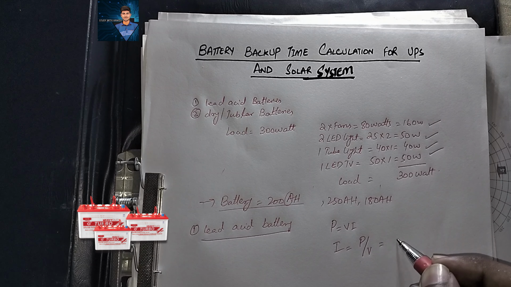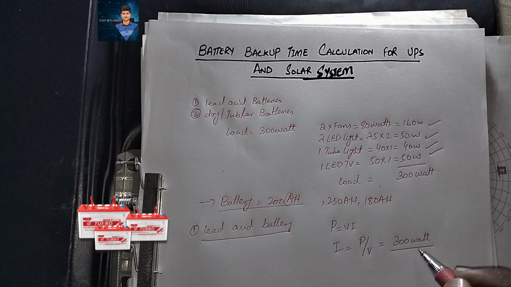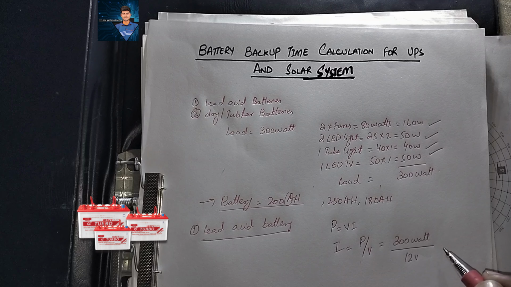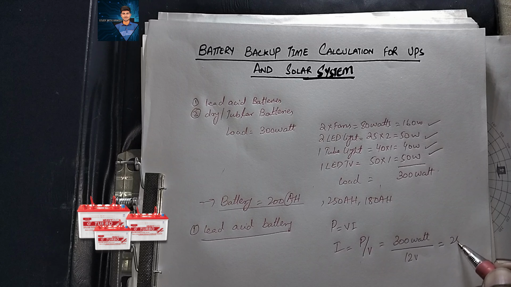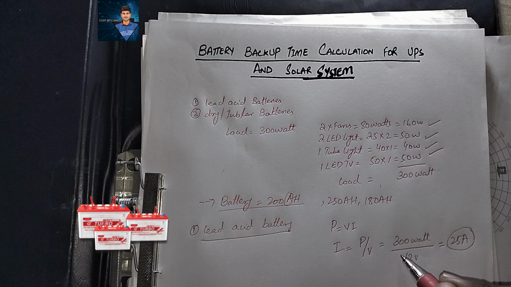Power will be 300 watts and the voltage for the battery terminal will be 12 volts, so it will provide us 25 amperes of current. So 25 amperes of current is required to drive 300 watts of load.